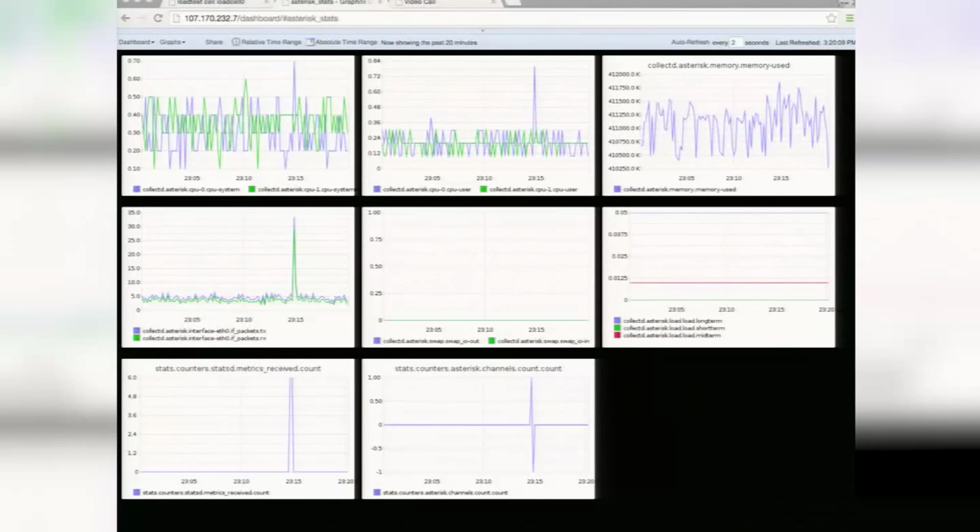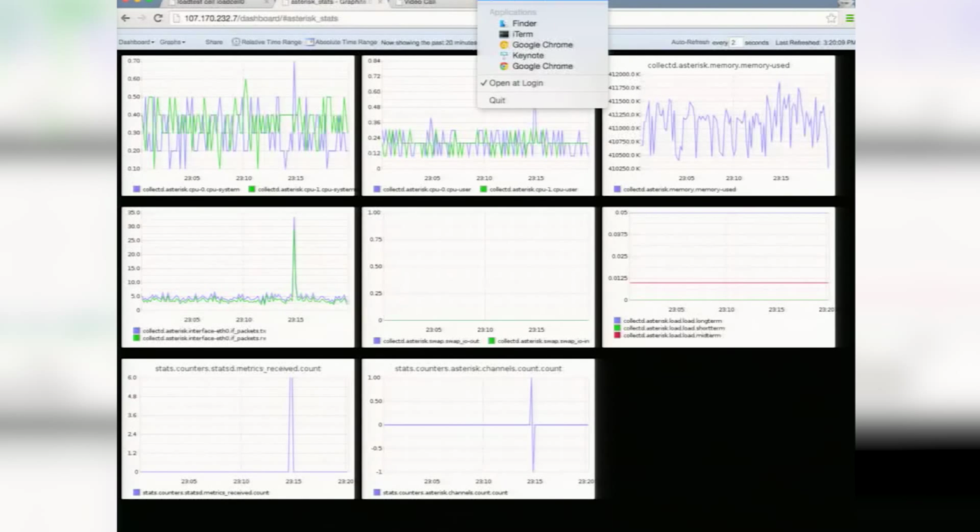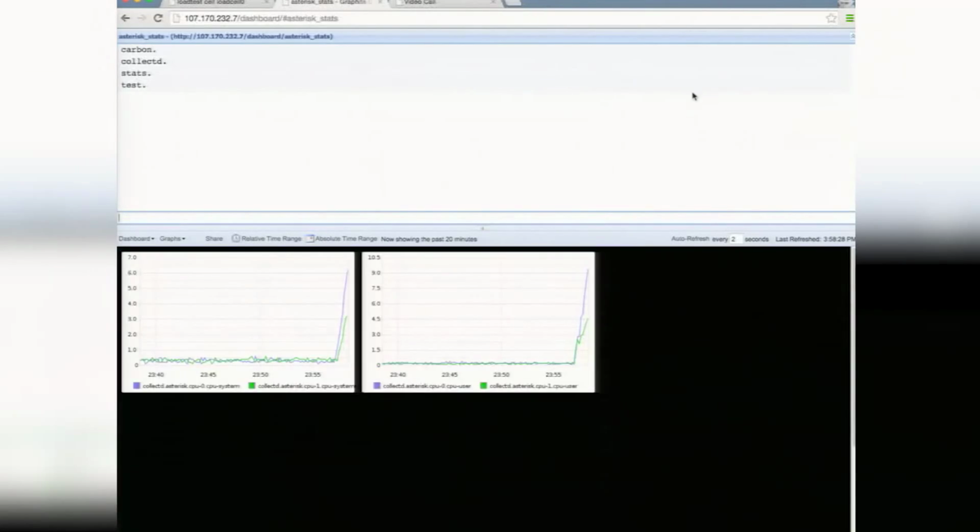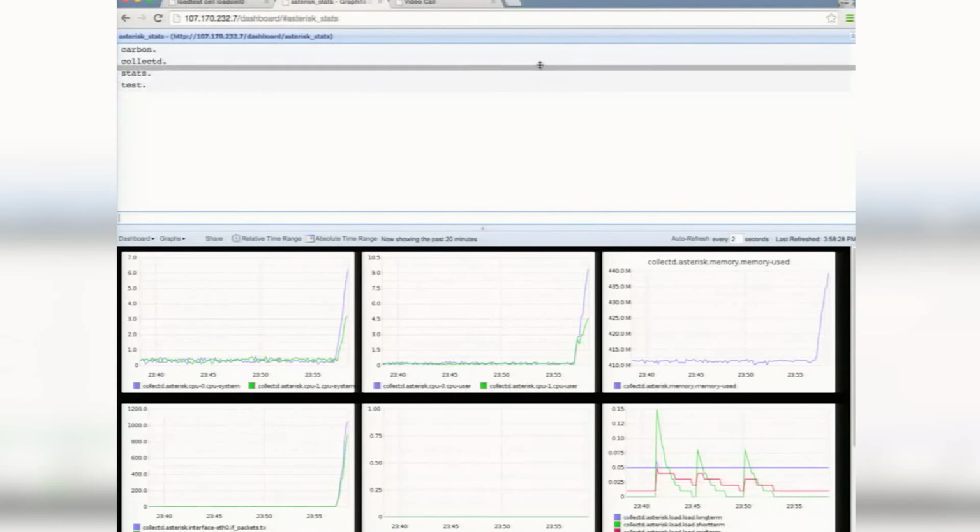So let's take a look at the pretty graphs that are coming out of Graphite right now. So let's disable Houdini for a second. Okay, so this is coming straight out of my Asterisk box on DigitalOcean. It's in San Francisco, so it's not terrible latency. So you can see you've all pulled in.